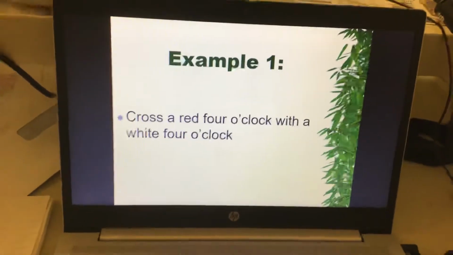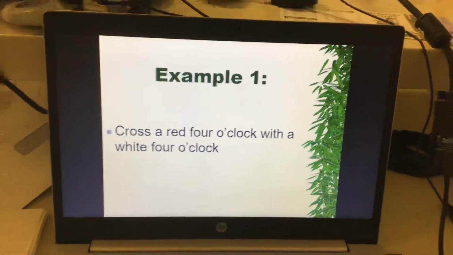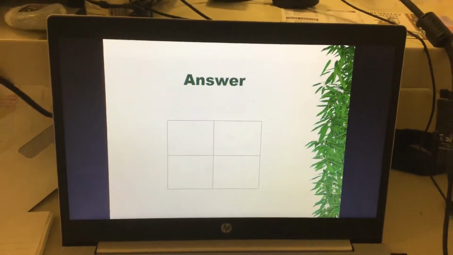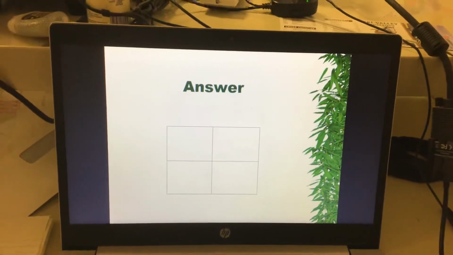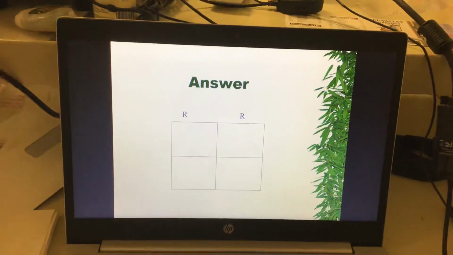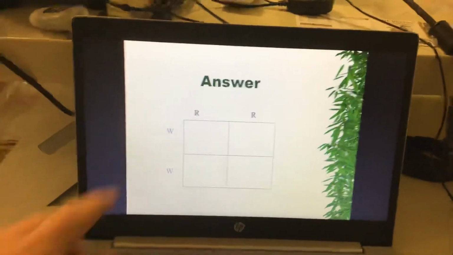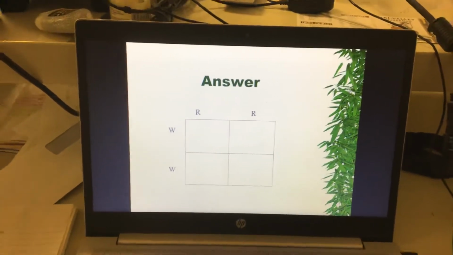So let's do a little example here. We're going to cross a red 4 o'clock with a white 4 o'clock. So we're going to do our Punnett square. Now, the letters for a red 4 o'clock would be big R, big R. That is a red. Let's say that's the father. The mother here, white and white. So that is a white 4 o'clock.